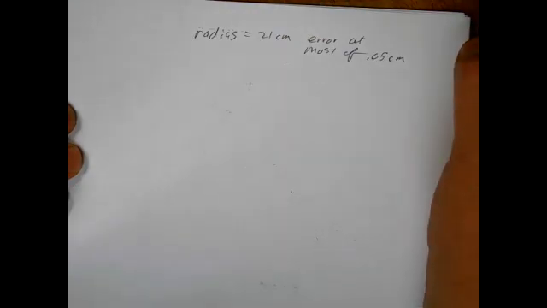What kind of error might you make about the volume of that sphere using this measurement that you know could be off by a little bit?